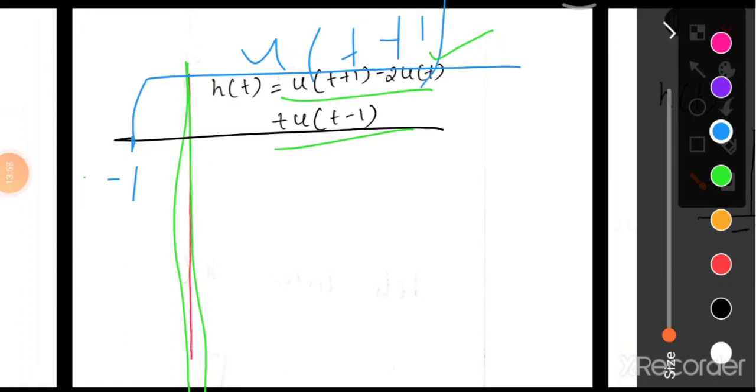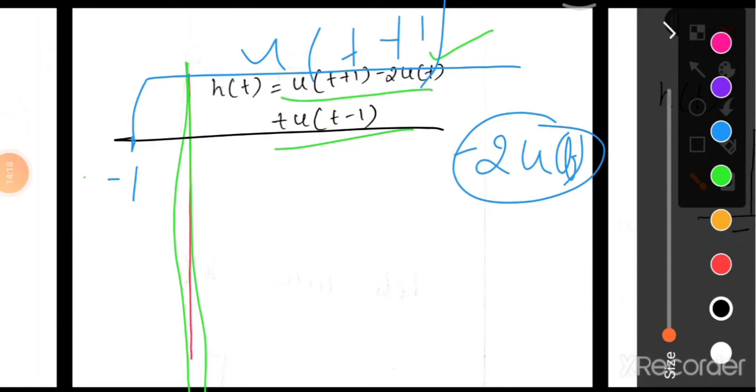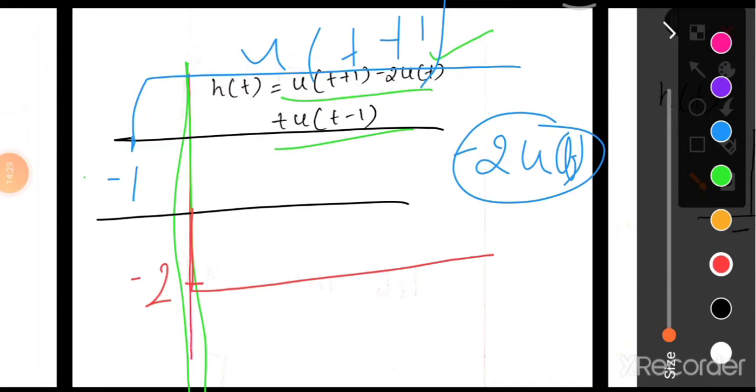Okay, minus 2 u of t. Don't write 2 u of t and then subtract. We are more familiar with adding than subtracting. What you can do is, while drawing, take a negative magnitude. This is your first signal, and the second signal is minus 2 magnitude, and it is u of t, right?